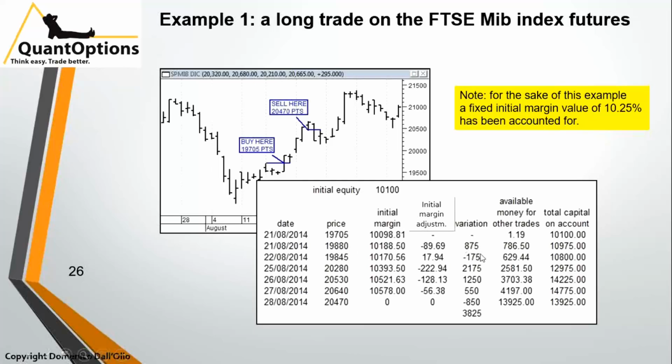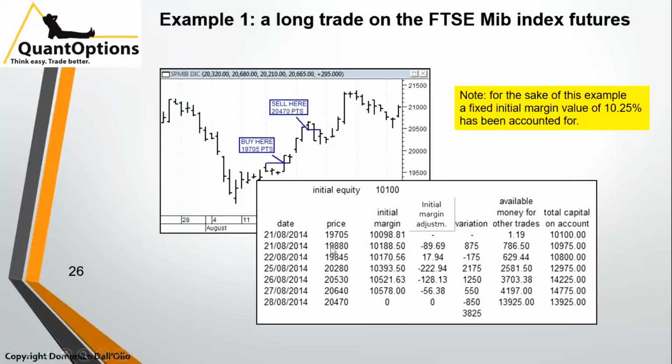It means I am credited 875 euros on my account immediately. So at the moment of purchase, I deposit 10,098.81. At the end of the day, I have to deposit another 89 euros and something, and I have a credit of 875 immediately credited on my account.